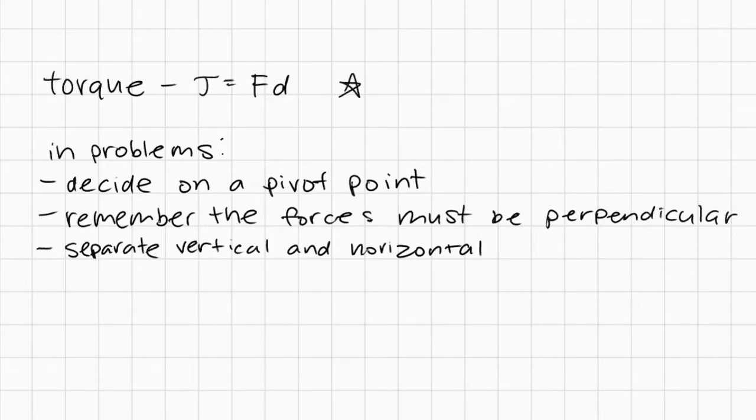So first, it's really important to decide on a pivot point to do your problem around. And always remember the forces are always going to be perpendicular to the pivot point, which was kind of strange to wrap my head around. And you should separate the vertical and the horizontal forces when you're solving a problem.